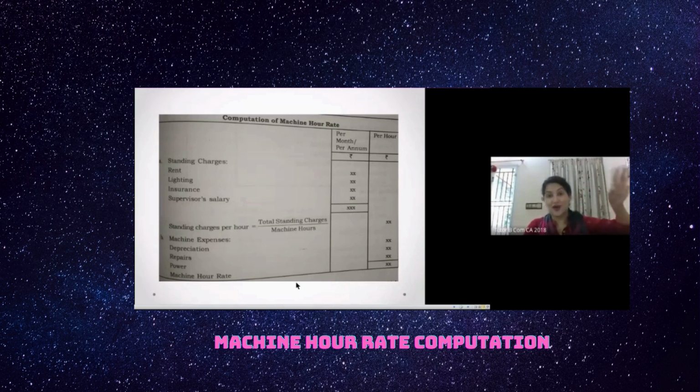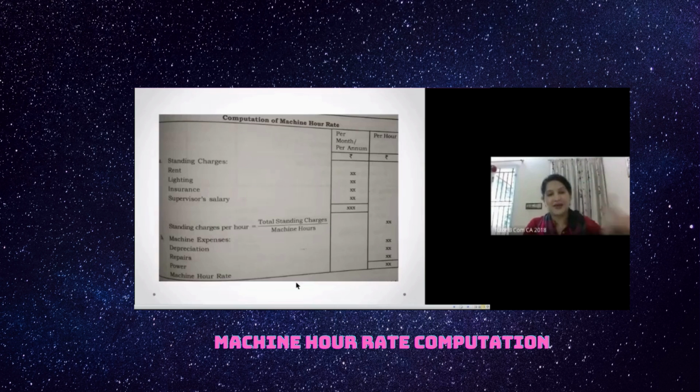Say, for example, if I have a building, as we have already learned when we were looking at overhead accounting, and I'm talking about the rent for the whole building, I will take the floor space, the rent of the floor space that belongs to that particular department. I look only at that angle. I'll take the expense of only department A. That is what we call apportionment, proportional allocation of expenses to that particular department.